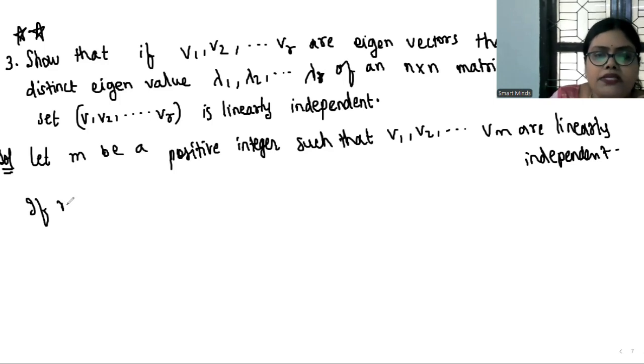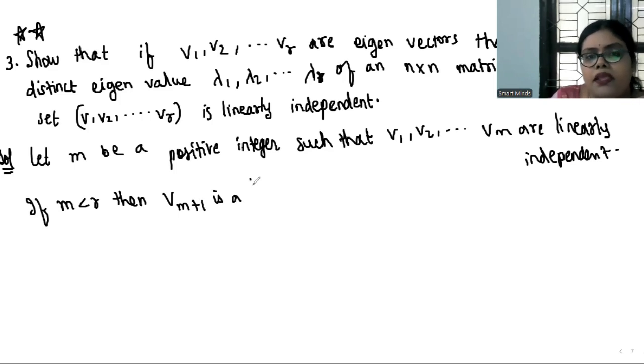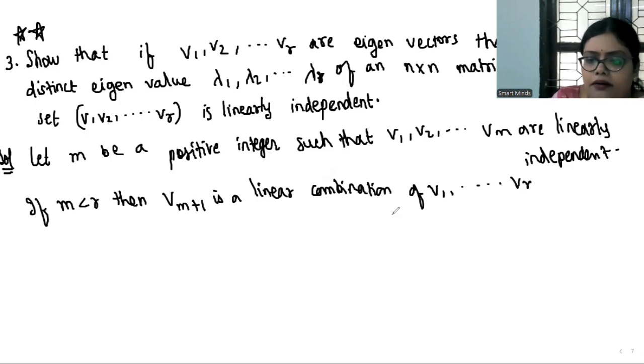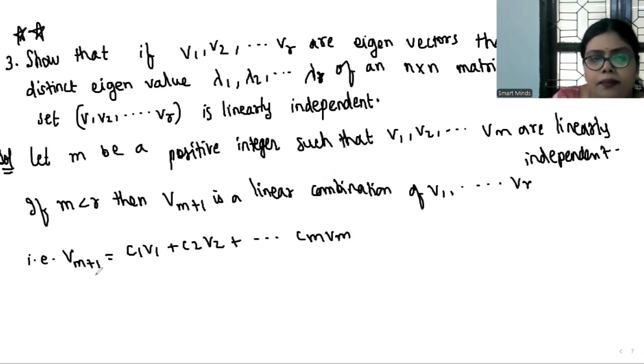Now, if m is less than r, then Vm plus 1 is a linear combination of V1 so on up to Vm. That is, Vm plus 1 is equal to C1V1 plus C2V2 plus so on up to CmVm.